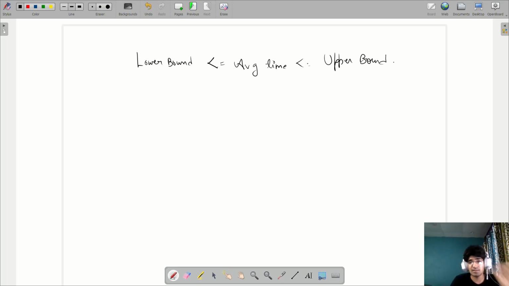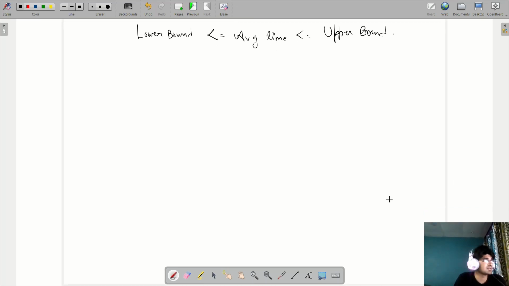Now as an example, let's take two algorithms, right? f(n) equal to n square and f(n) equal to n plus 100n plus 10n, right? So which of these two do you think is going to perform well?